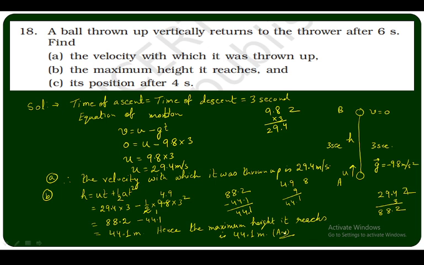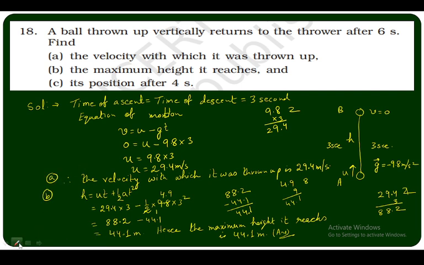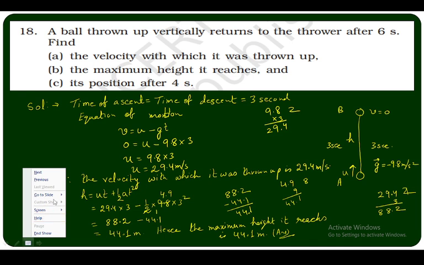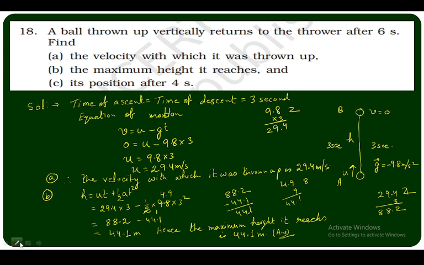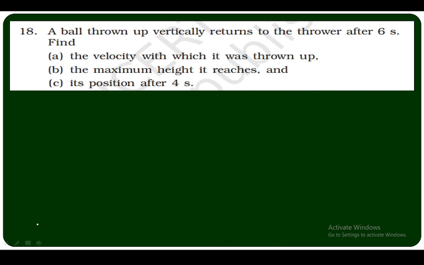Let us solve question number C. Here, the ball goes up with an initial velocity of u equal to 29.4 meter per second.